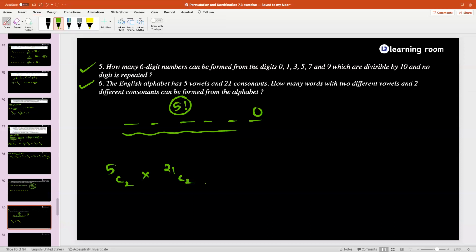How many letters is the word supposed to contain? 4. So you can arrange those 4 letters in 4 factorial ways. 5C2 into 21C2 into 4 factorial.